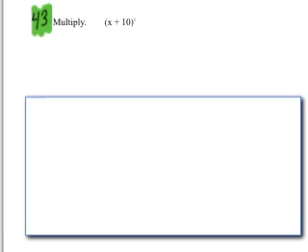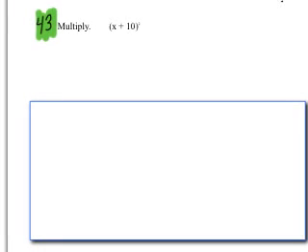Number 43, x plus 10 whole thing squared. Now if you know the pattern here of a binomial squared, you can just write it right out. But otherwise, if you don't know the pattern, do it this way. Everything in the parentheses is squared.